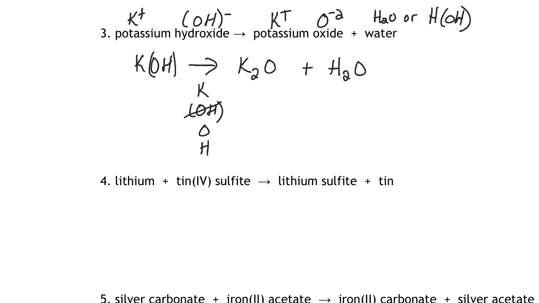Now, the same way we always do, I'm going to add them up. I've got one of each on this side. On this side I have 2 oxygens and 2 hydrogens. By looking at this and saying, okay, if I put a 2 here, update my totals, and I'm balanced. So the only coefficient I need to put is the 2 in front of the KOH.